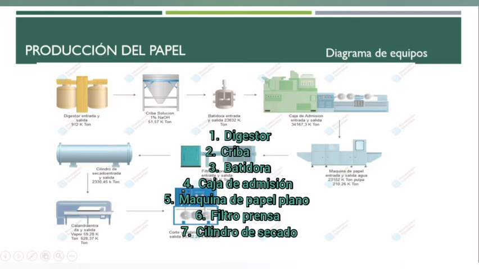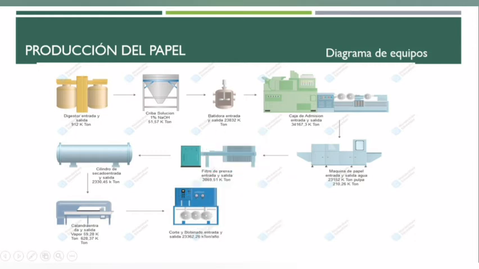Filter press. 7. Drying cylinders. Their function is the removal of water, using a uniform temperature distribution. 8. Calender. This process makes it possible to reduce the thickness of the sheet and improve smoothness with the rollers.